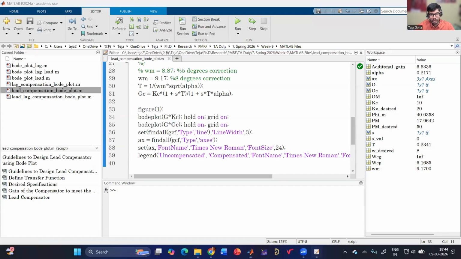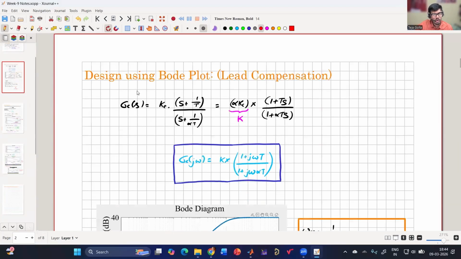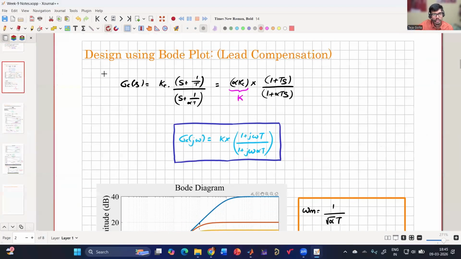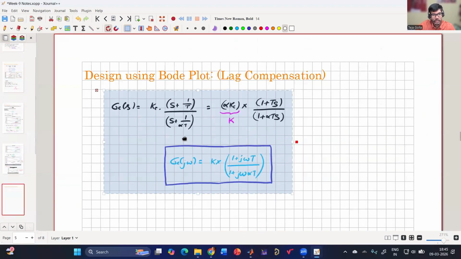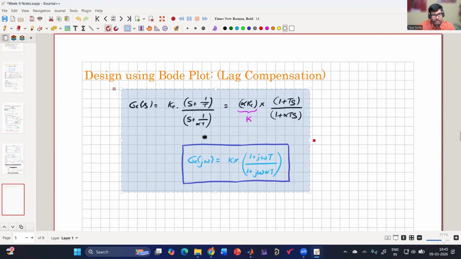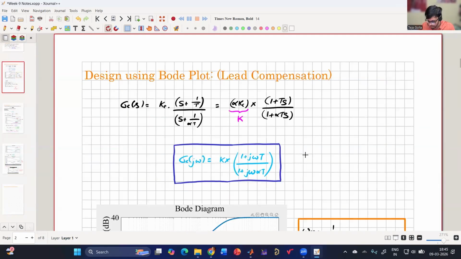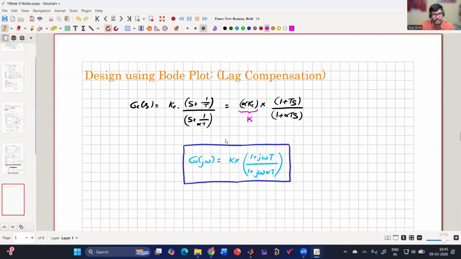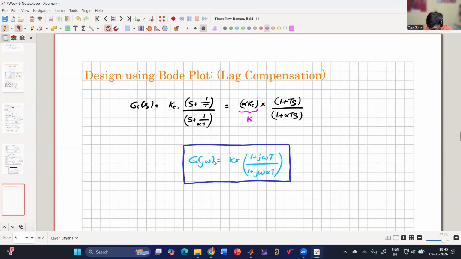Now we can move to the lag compensation design. So similar to the lead compensation design, I'll just copy paste this. In the case of lead compensation, we know that our alpha will be less than 1, and here we don't call it alpha, we'll call it beta.